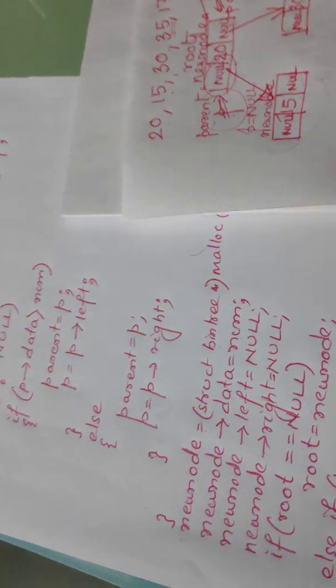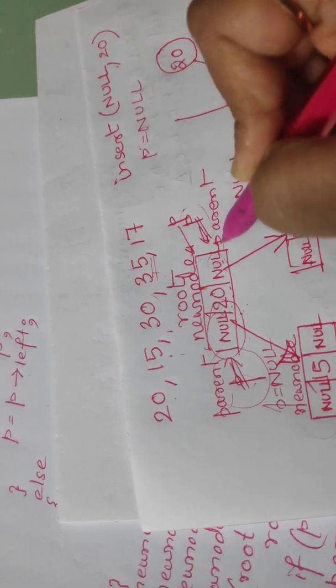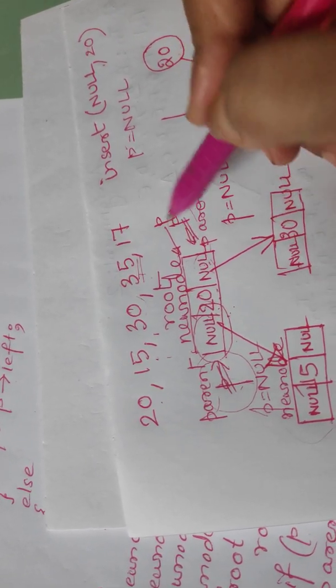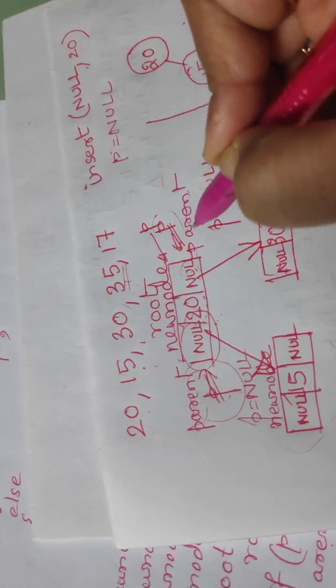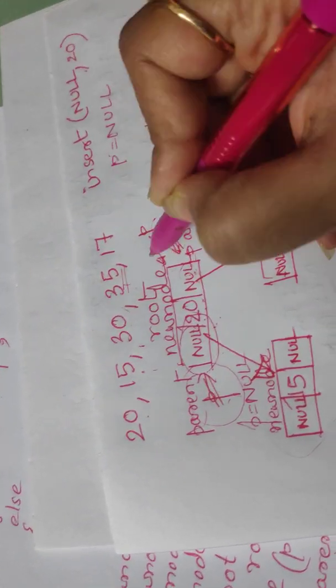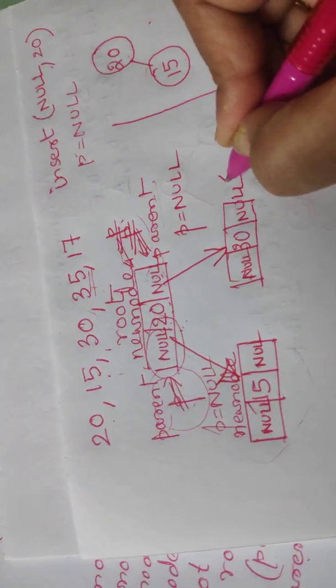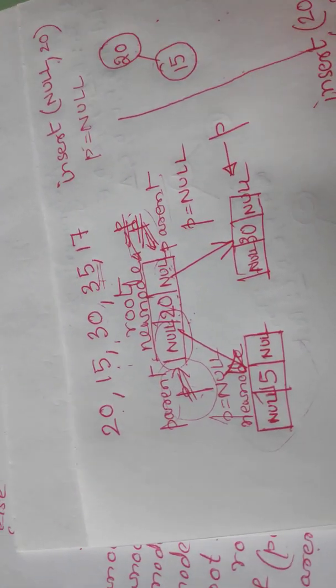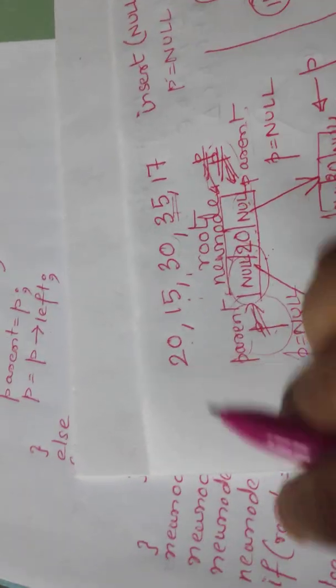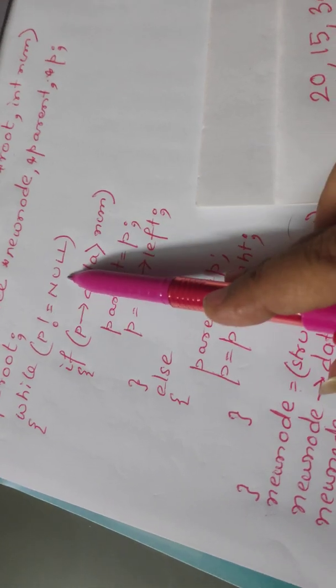Parent is equal to p, and p is equal to p right. So this root node 20 becomes the parent node and p is equal to p right, means this 30 becomes p. Now we go back to while p not equal to null.